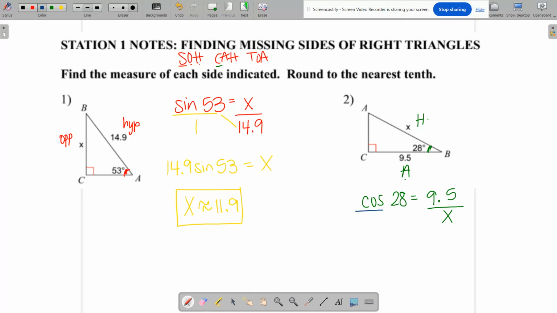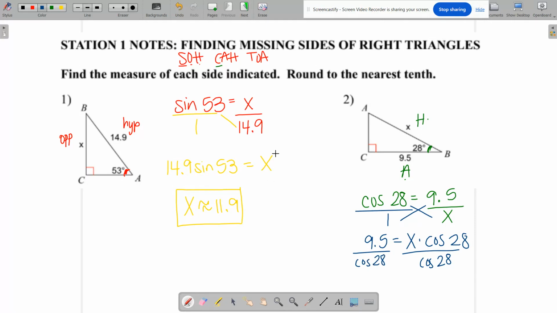I'm going to treat it like a proportion. This means 1 times 9.5 equals x times the cosine of 28. In order to solve for x here, we're going to have to divide both sides by the cosine of 28.